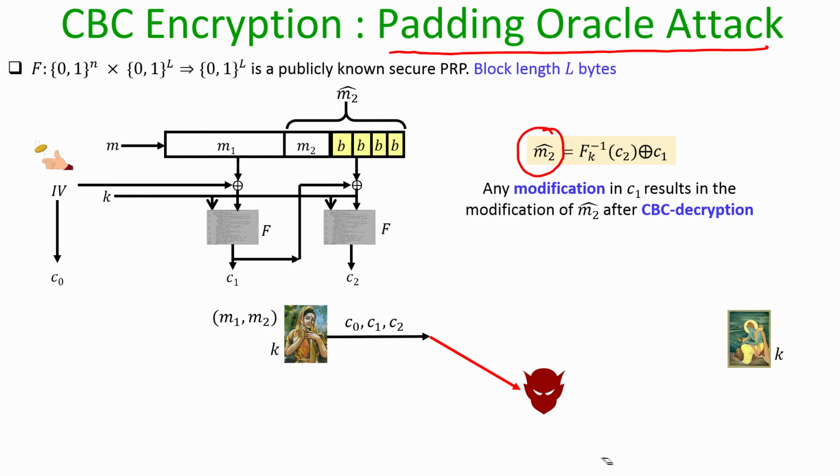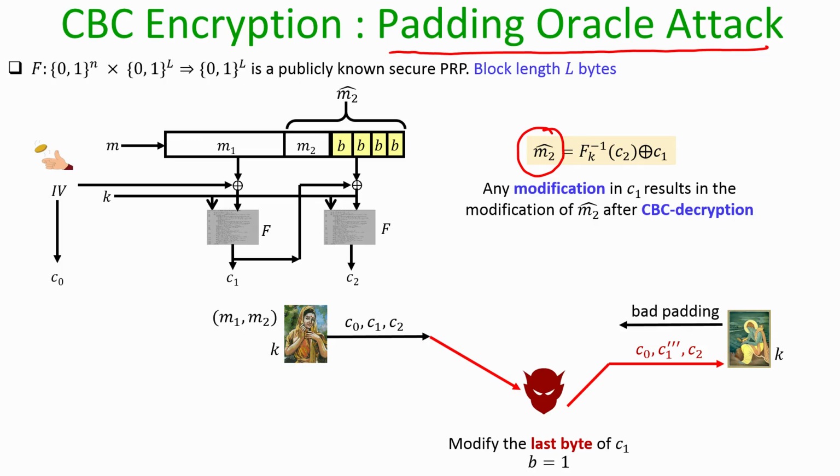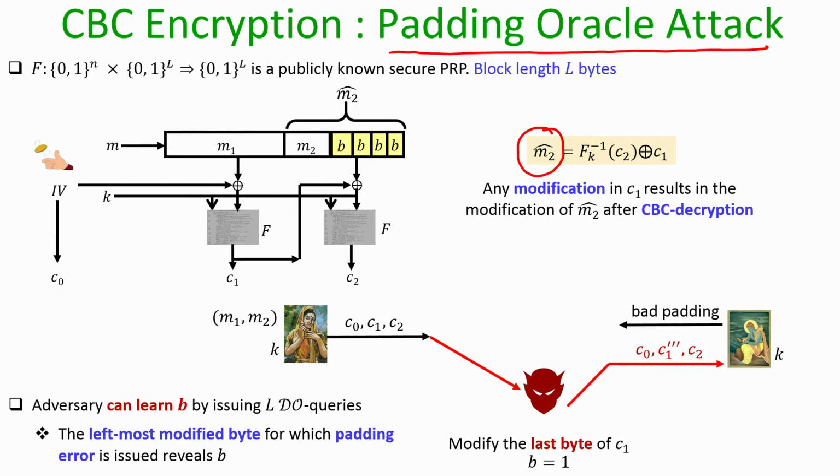And not only that, the adversary can keep on submitting modified ciphertexts like this. Suppose it submits another modified ciphertext where it just changes the last byte of C1, and again if the response from the receiver side is bad padding, then it indicates that the value of b is equal to 1. So the summary is that the adversary can prepare a number of modified ciphertexts, where in the first the first byte is changed, in the second the second byte of C1 is changed, in the third the third byte of C1 is changed, and so on.